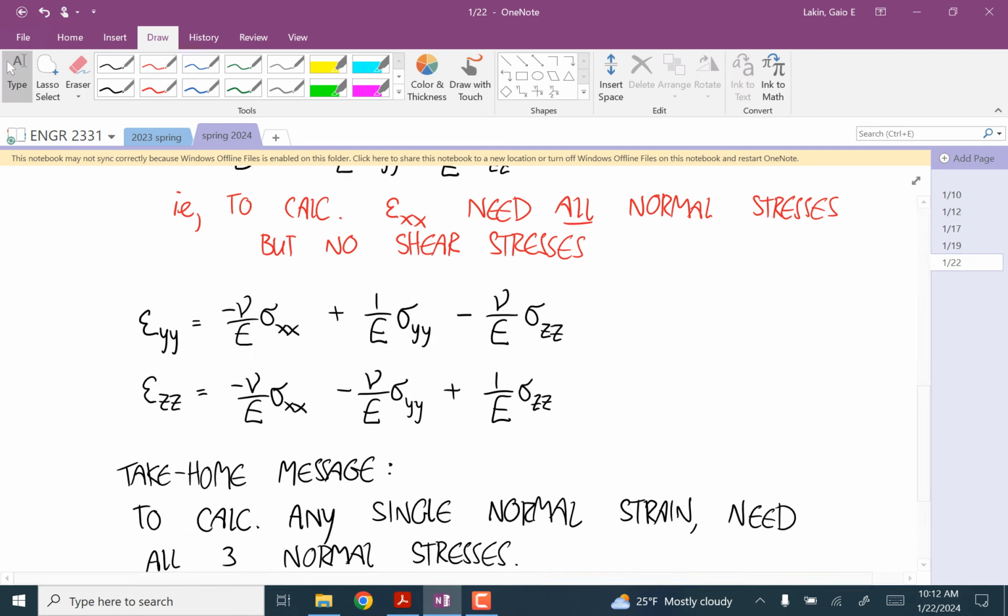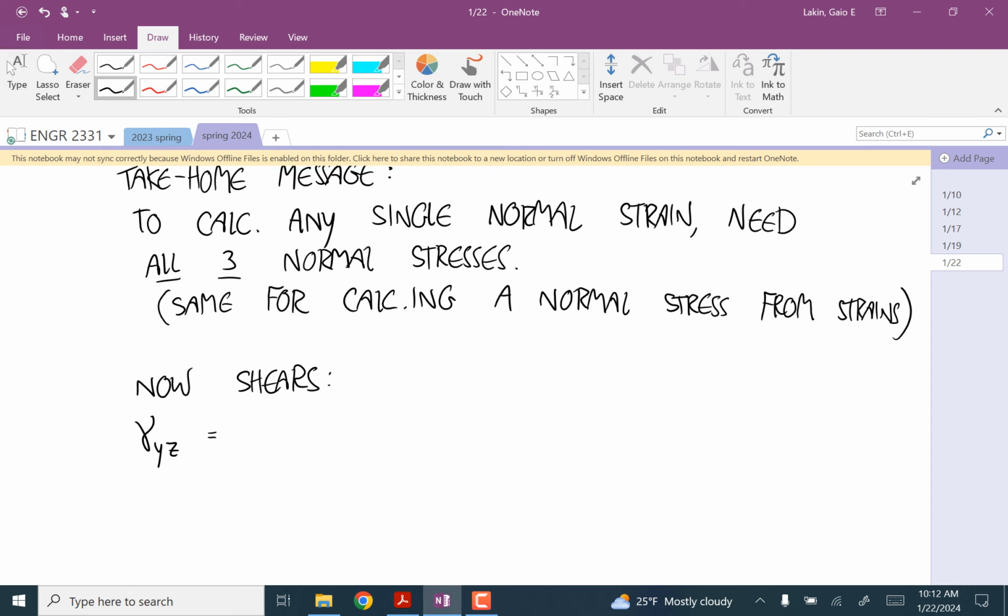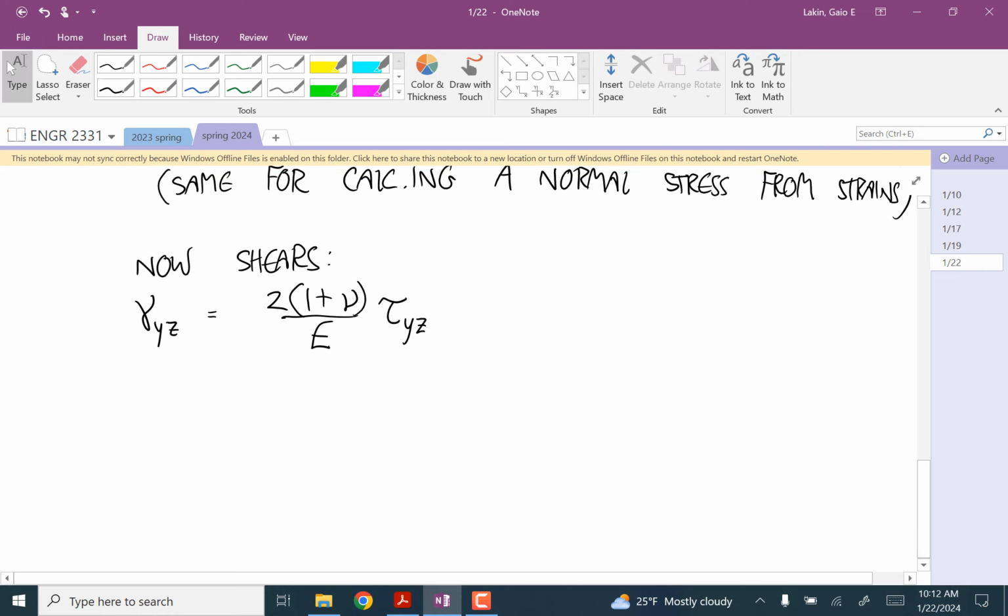So what you get is that the YZ shear strain is equal to 2 times the quantity 1 plus nu over E times the corresponding shear stress. Okay, and that keeps going.